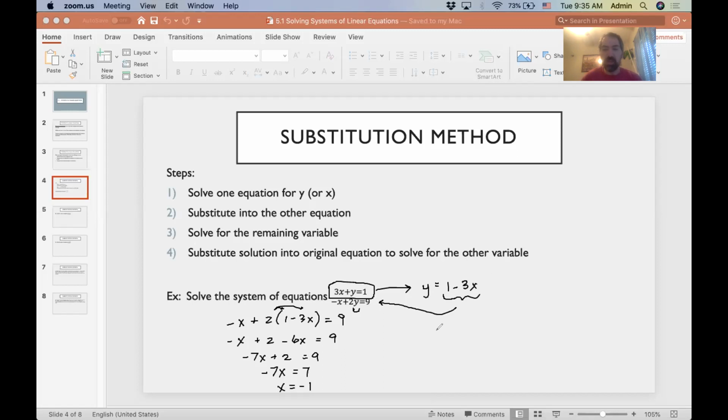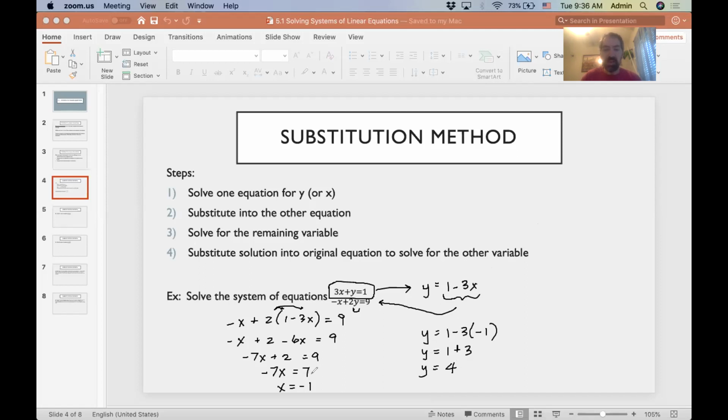So I'm going to substitute negative 1 into y equals 1 minus 3x. So this is y equals 1 minus 3 times negative 1. Negative 3 times negative 1 is a plus 3. So y equals 1 plus 3, which is 4.